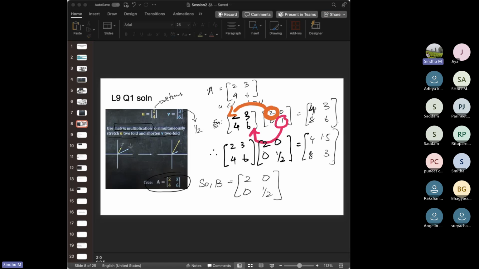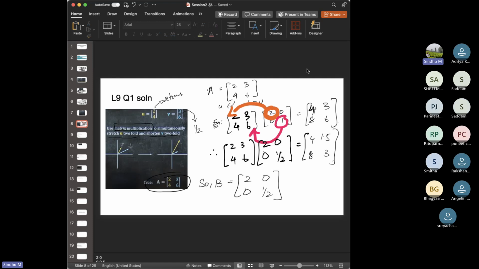Because in my Teams, it is showing that the Teams presentation is being shared. Okay, it's visible to the others. So if some of you are not able to see it, you can try to disconnect and then connect to the meeting again. Maybe then it will be visible.